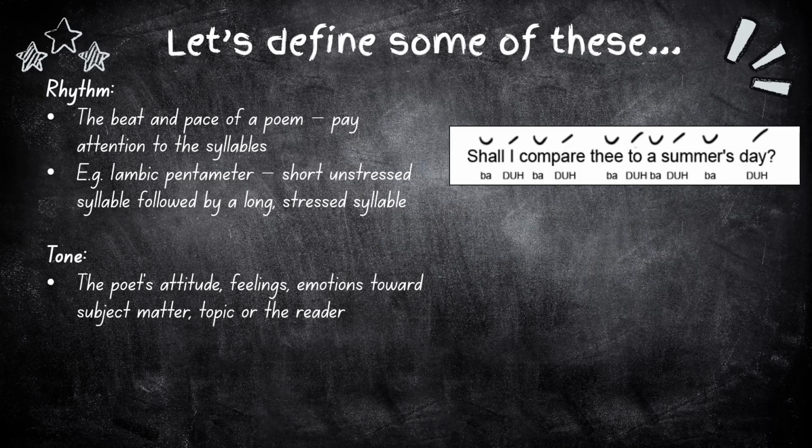I may use a bit of sarcasm to almost make fun of those who do not believe in climate change or global warming. So you need to pay attention to the diction that has been used, because it indicates what the writer is feeling or what his attitude is towards his subject matter or his topic or the reader.